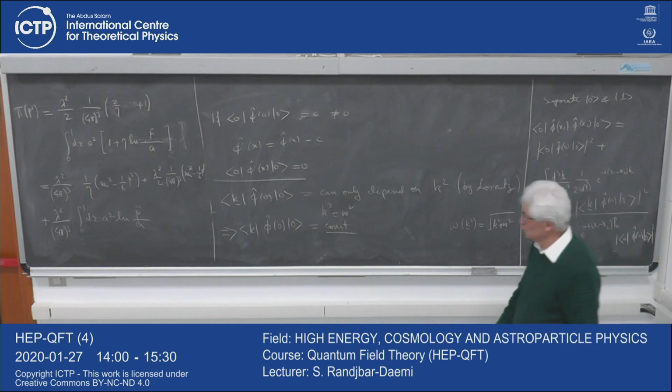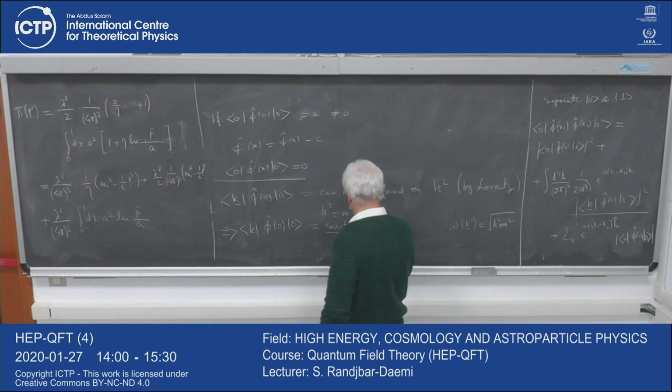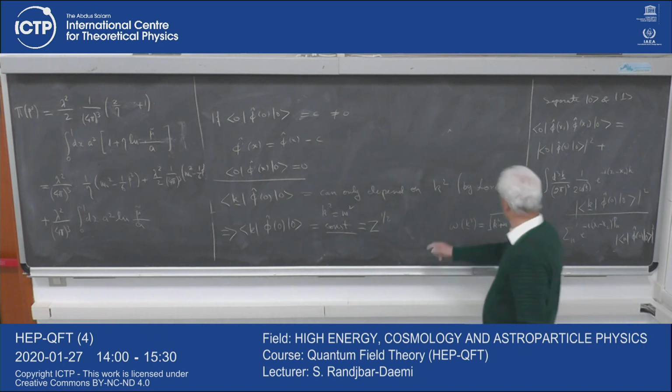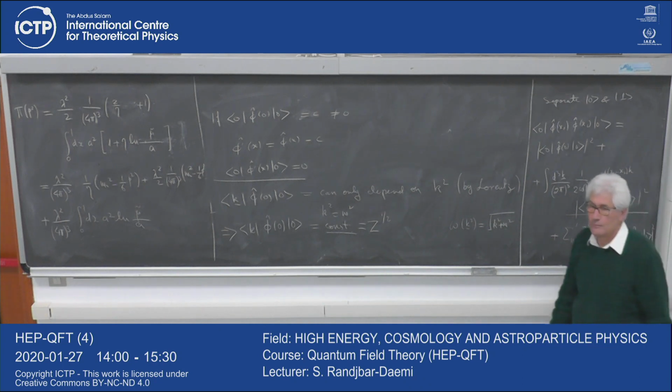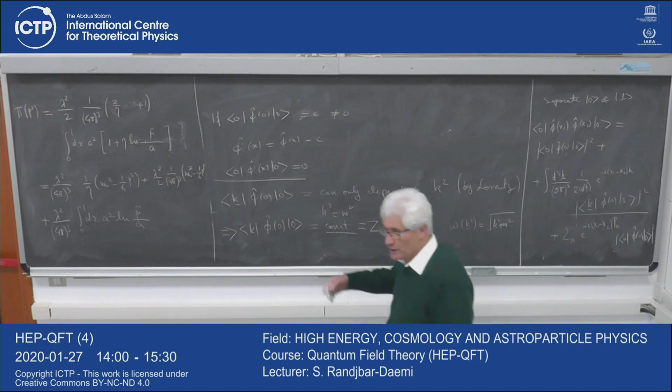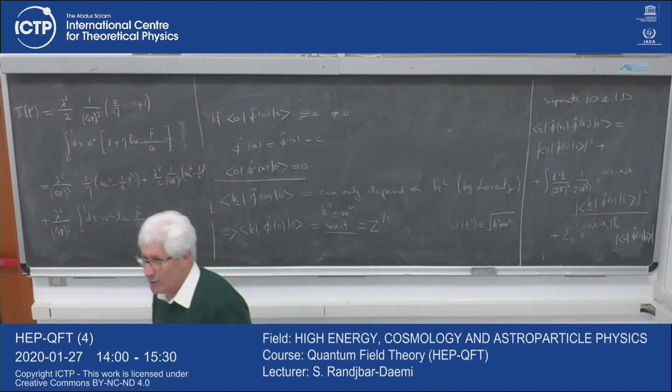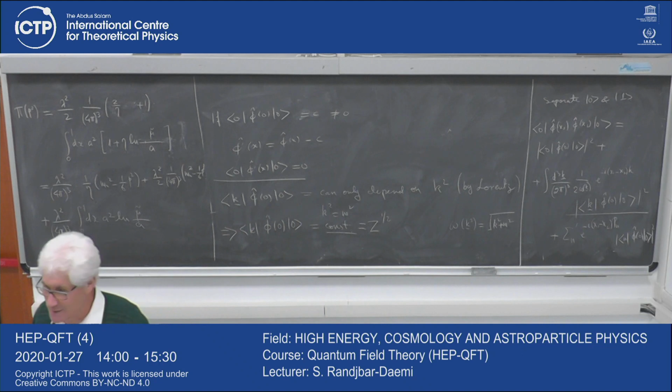This constant normally is denoted by z to the power 1/2, so that the thing which goes here becomes z squared. Now, of course, you can redefine your phi by dividing it by this constant and obtain a phi for which that constant is simply 1.